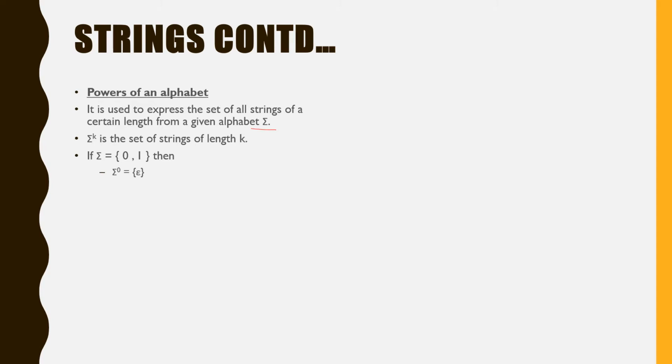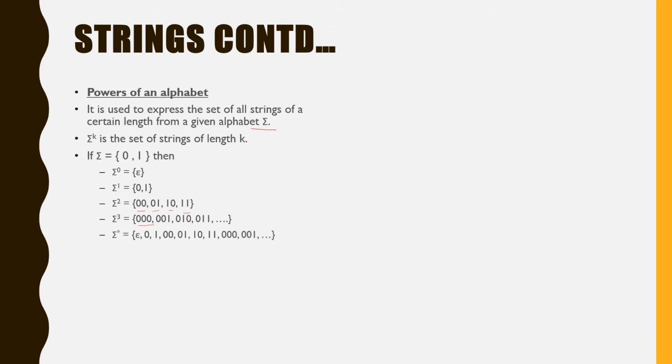So what is a string of length 0? It is the empty string, epsilon. Sigma power 1, 0 occurring one time, 1 occurring one time: 0, 1. Sigma power 2 includes all strings of length 2. Sigma power 3 includes all strings of length 3.